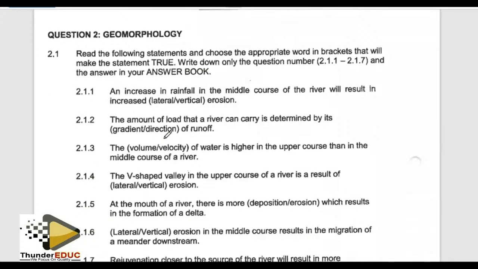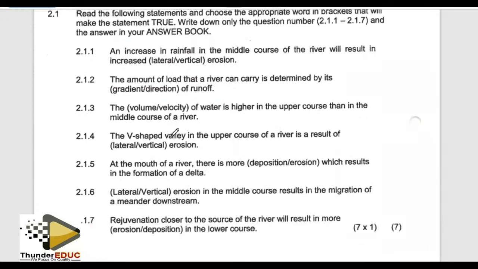Let us proceed to question 2, which is geomorphology. They say read the following statements and choose the appropriate words in the bracket that will make the statement true. Okay. An increase in rainfall in the middle course of the river valley will result in increased, because we know in the middle course of the river valley, usually there is more lateral erosion.